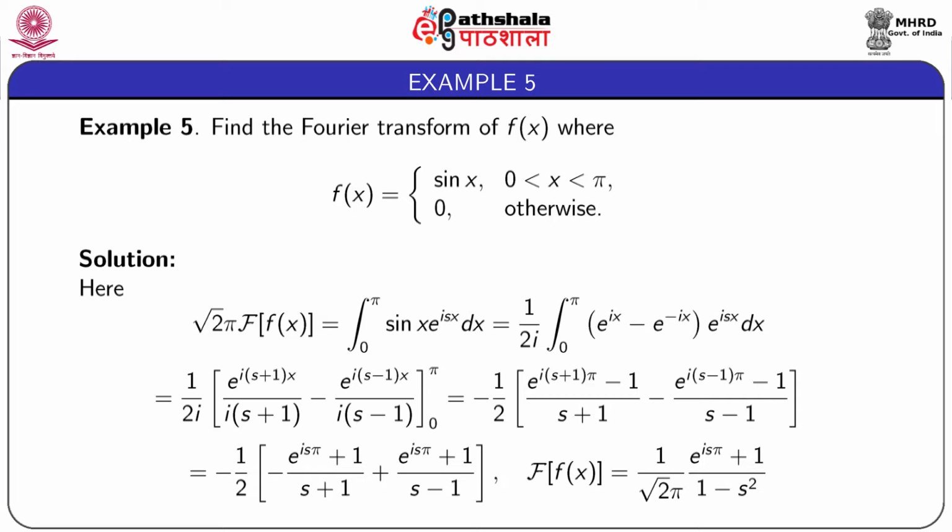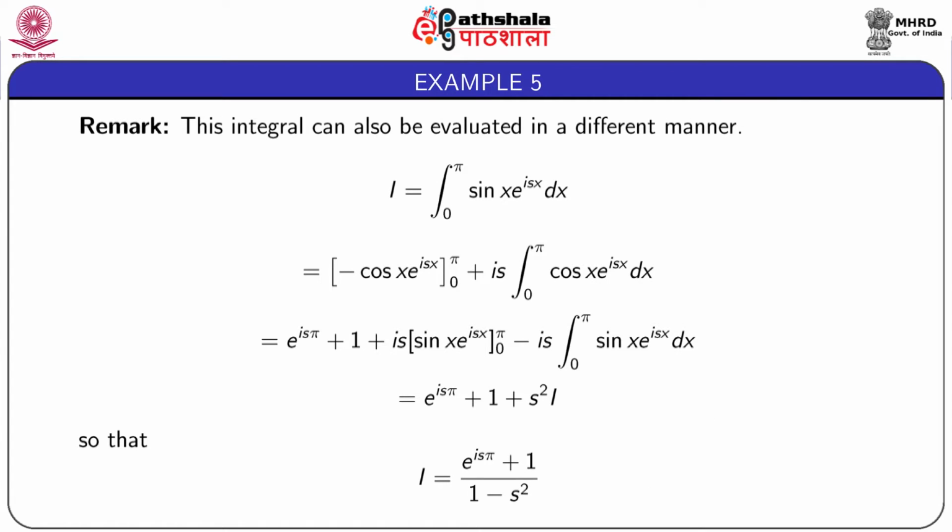That is, the Fourier transform of f x contains this integral, which can be evaluated by simply applying integration by parts to get I equal to minus cos x e to the power i s x from 0 to pi plus i s integral 0 to pi cos x e to the power i s x dx, which is equal to e to the power i s pi plus 1 plus i s into sin x e to the power i s x, x ranges from 0 to pi, minus i s integral 0 to pi sin x e to the power i s x dx.